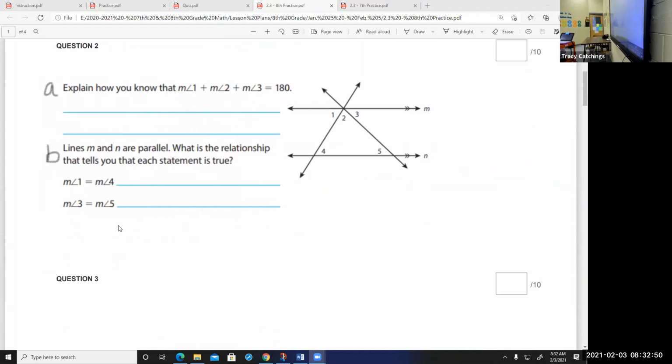All right, somebody read question 2 to us. Explain how you know that the measure of angle 1 plus angle 2 plus angle 3 equals 180. All right, so look at the measures of angles 1, 2, and 3. What do you recognize about 1, 2, and 3 for them to say that it's going to equal 180 degrees?